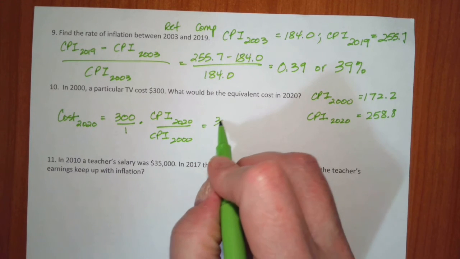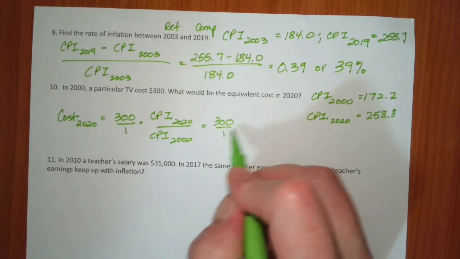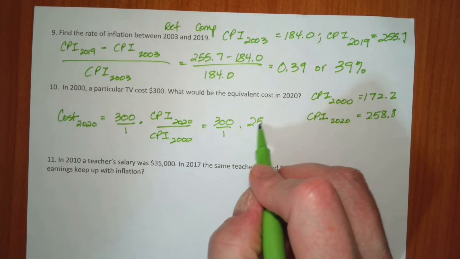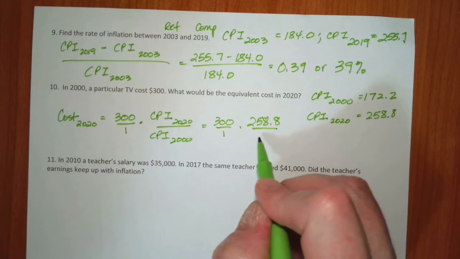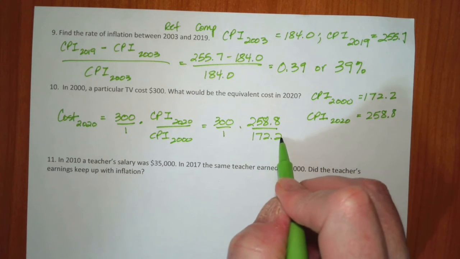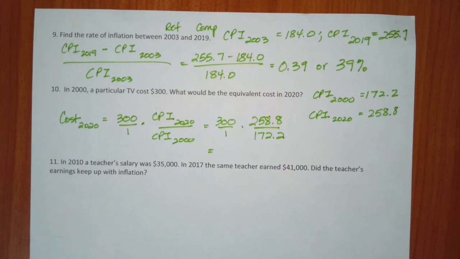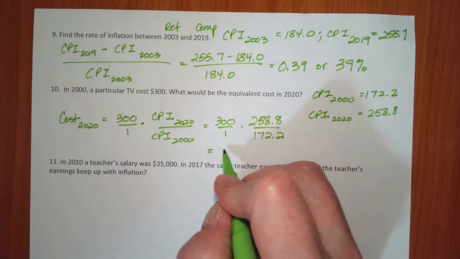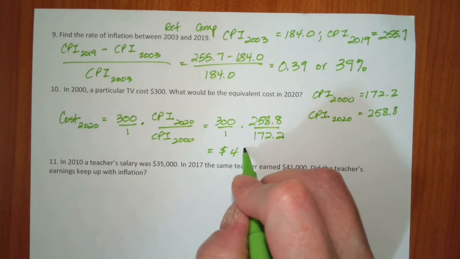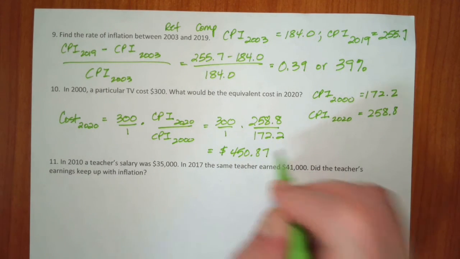That gives me 300 over 1 times 258.8 divided by 172.2, and when I round that, that becomes $450.87.